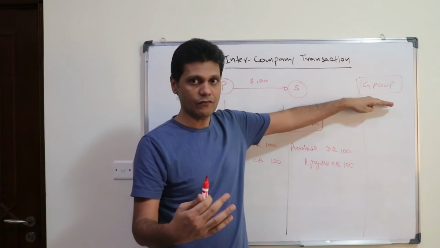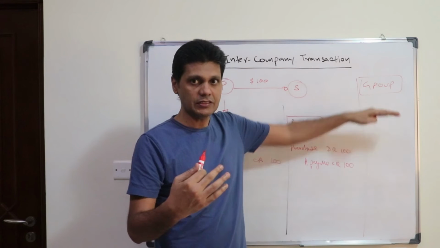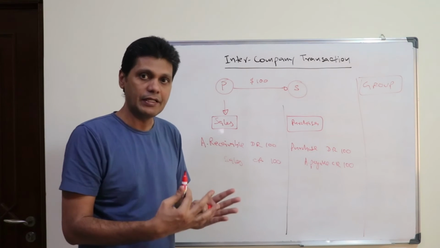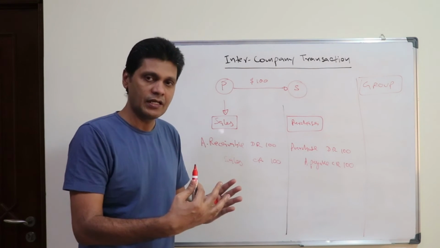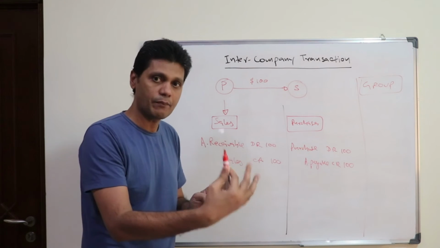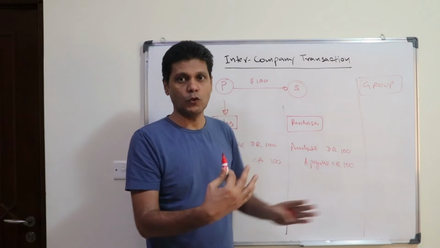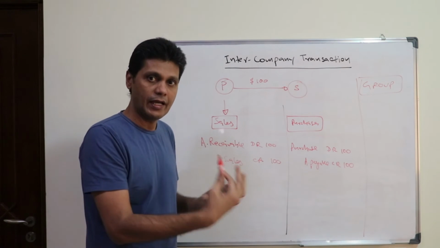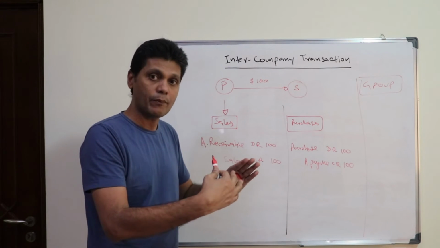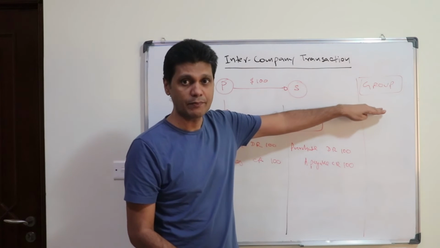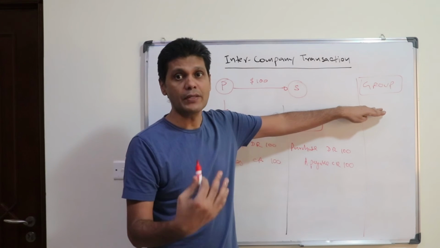As a result, the transactions within the group have to be eliminated. Only transactions done with outside parties are recorded in the group. As far as the group is concerned, it has made neither sale nor purchases.